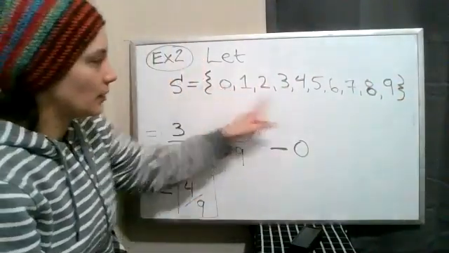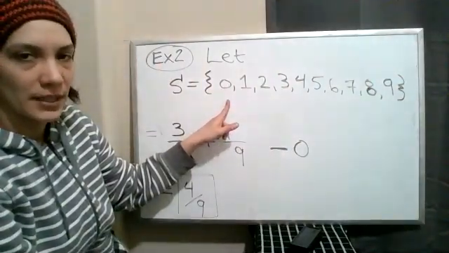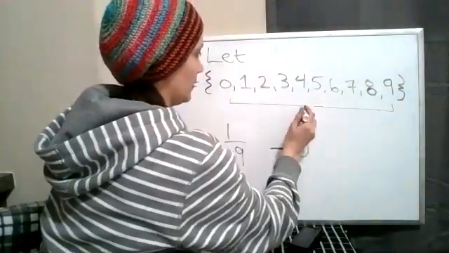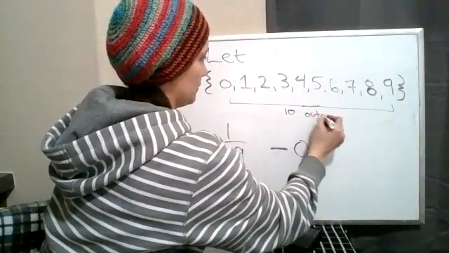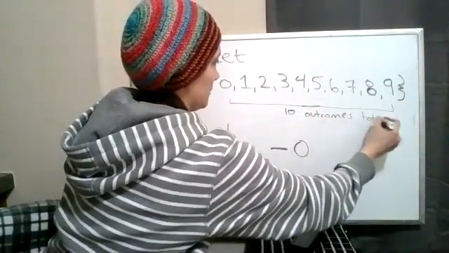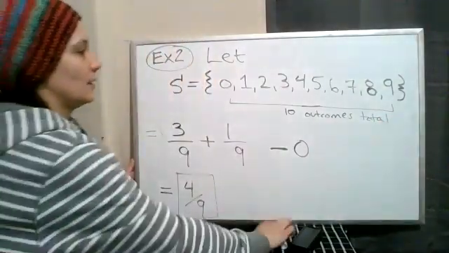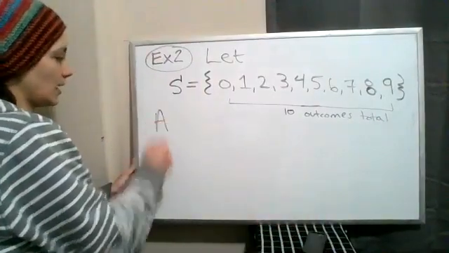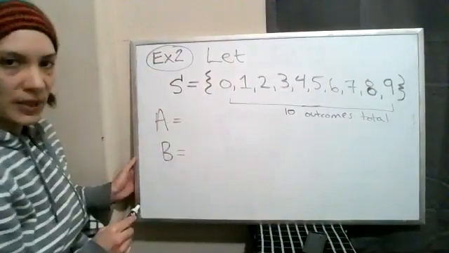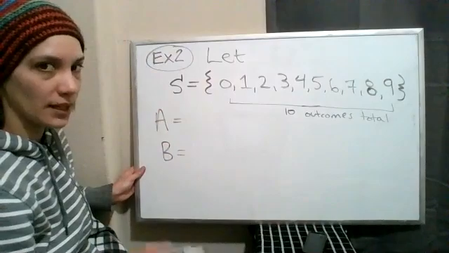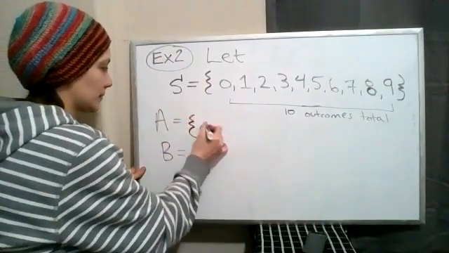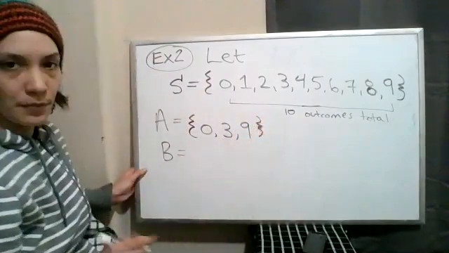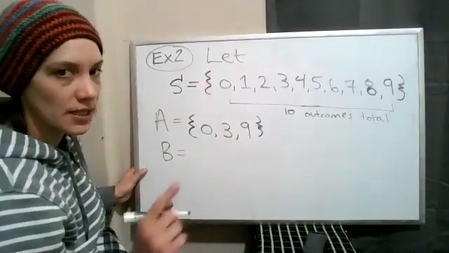I'll just count it out right now. So if you count these elements, there are 10 total. We need sets like A and B. We'll put A equal to the set that contains 0, 3, 9. B contains 1, 2, 3, 4, 7.